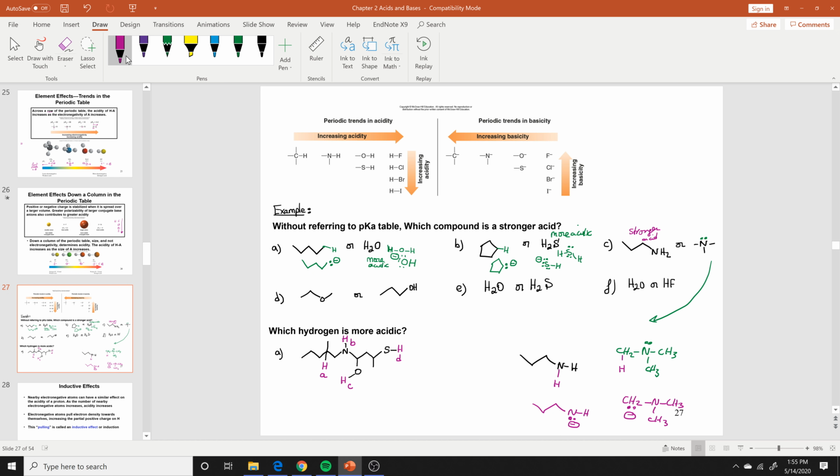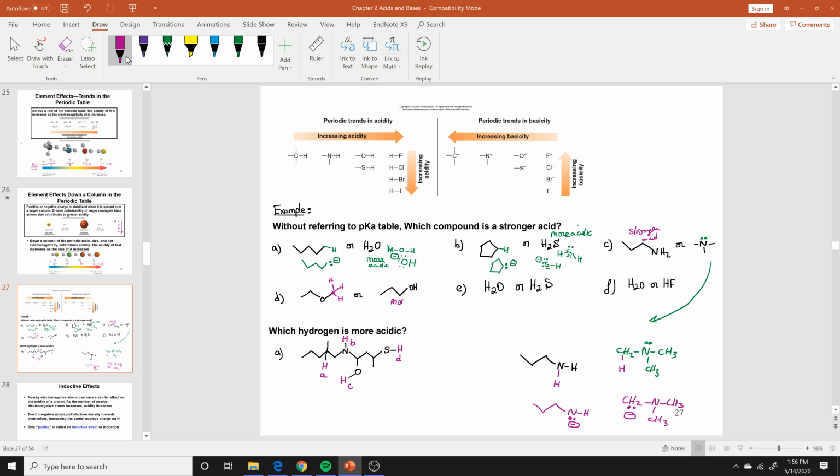Same idea over here. Which one is a stronger acid? So for the stronger acid, I no longer look at the lone pairs here. I'm going to look at the hydrogen over here on this carbon. So you have 3 hydrogens over there. Here you go. These are my 3 hydrogens. This is a carbon connected to a hydrogen and an oxygen connected to a hydrogen.